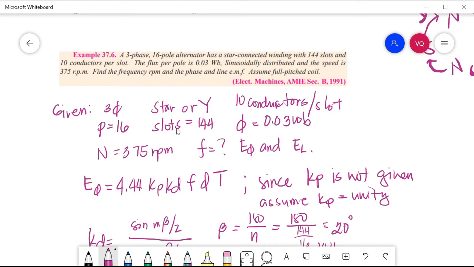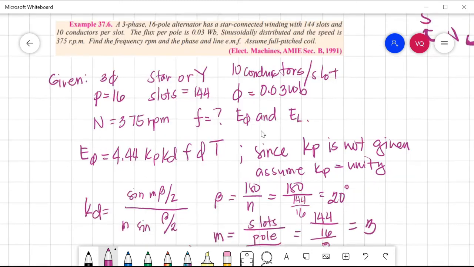And also the slots is 144. The flux per pole is 0.03 Weber. The speed is 375 RPM. Solve for the frequency, the phase voltage, and the line voltage.